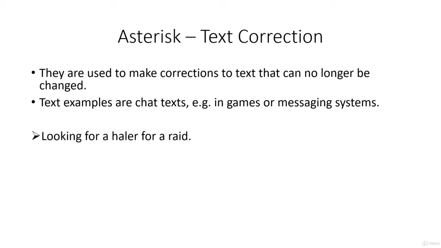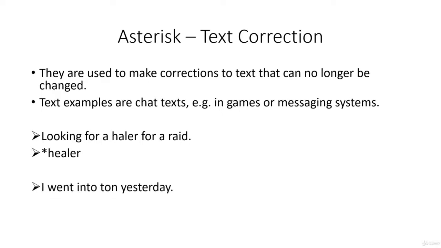So if we think about a typical chat text for a game, someone might write, looking for a healer for a raid, and they realize in their haste to type it all out, they spelt healer wrong. They've written hailer, which of course doesn't make sense. So they'd write an asterisk healer. And then it's clear that this word healer is replacing the word that looks like it in the previous line.